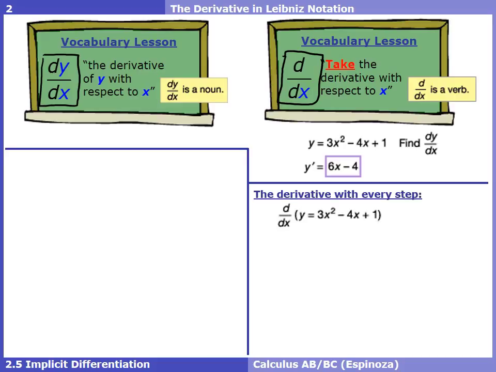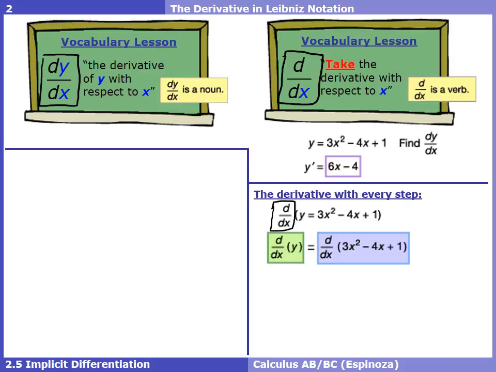So the first thing I'm going to do is put the notation d dx to indicate what? Well, that's going to indicate that I'm going to take the derivative of everything inside the parentheses. So we know this back from our algebra days. If we do something to one side, we need to do it to the other. So I'm going to put a d dx on the left side with y. I'm going to put a d dx on the right side with our function. So on both sides, we're being asked to take the derivative of each of those sides.